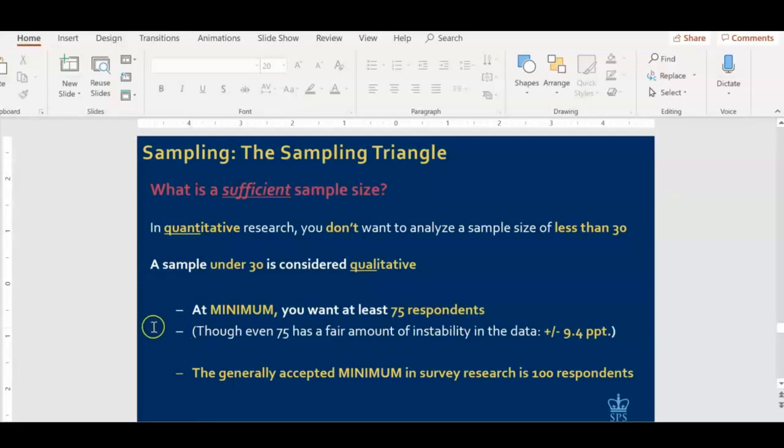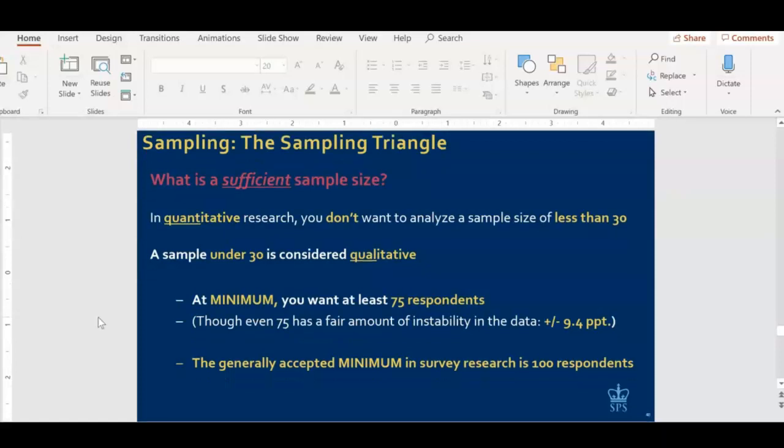So when you're designing your research and you're designing your sample frame, you need to make sure that if you need to look at a certain subsegment of the population, say males or females, by gender, you really do want to make sure that you could look at each of those with a readable base of at least 100 respondents.